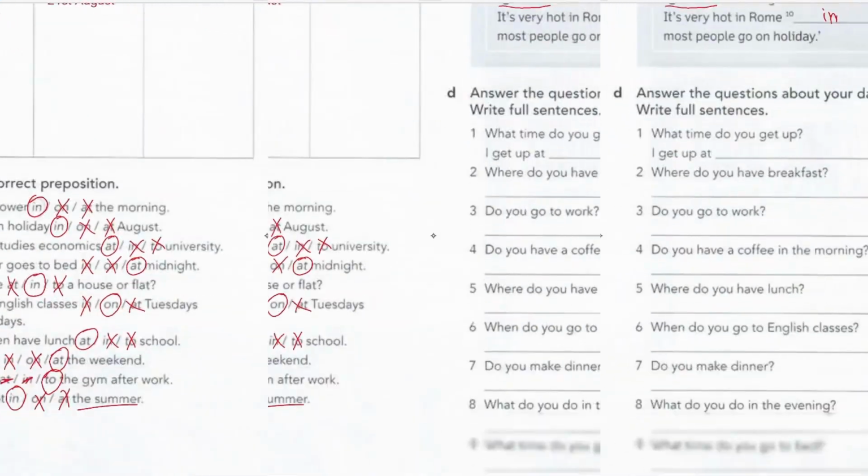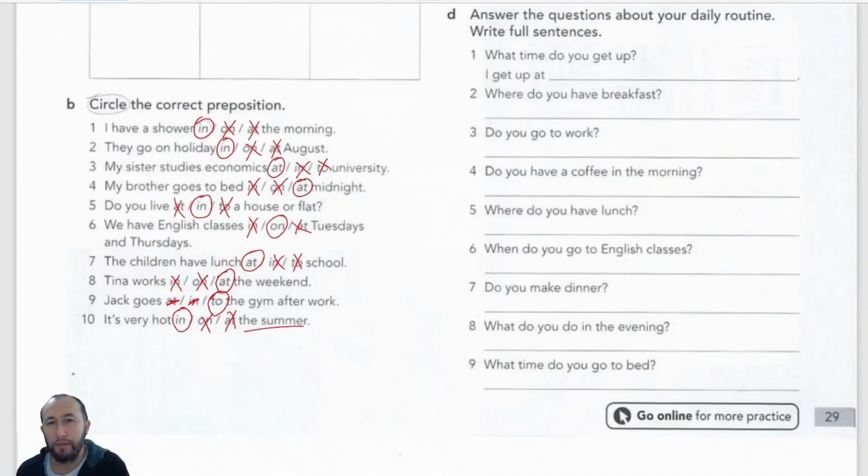Good, so exercise D now. Answer the questions about your daily routine. So that's about each of us. Write full sentences. I'm going to do it for myself. What time do you get up? Well, I get up at 6 o'clock. Where do you have breakfast?